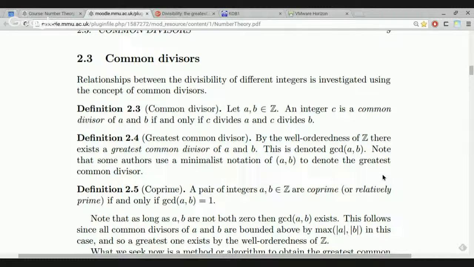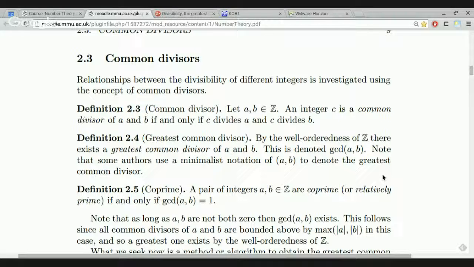So, for instance, some common divisors of 210 and 98. Does that have common divisors?